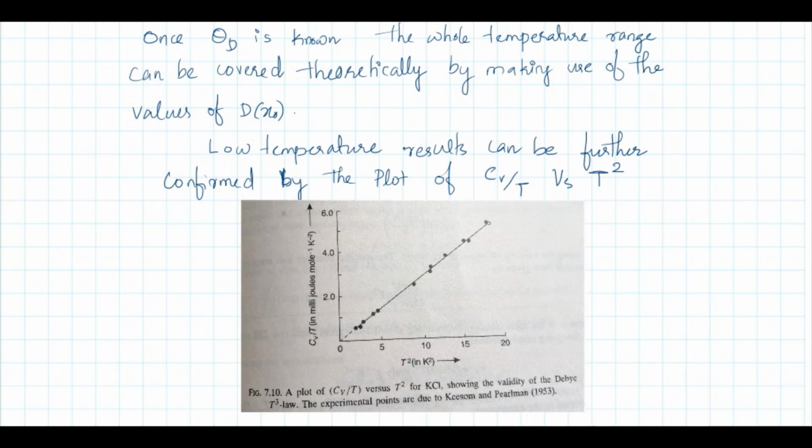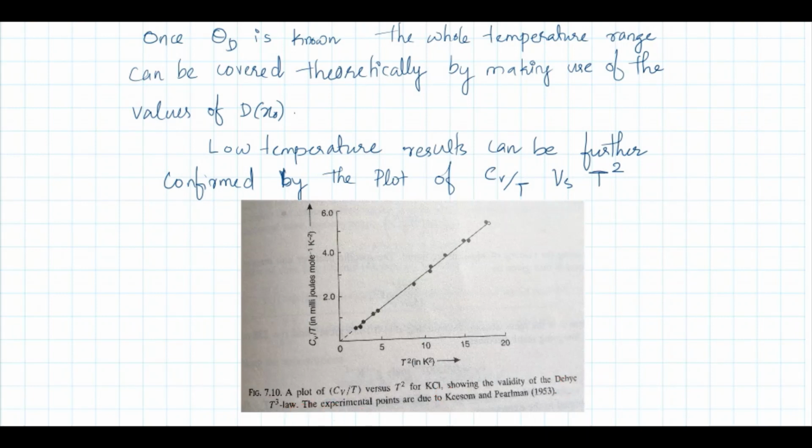Now, the low temperature results can be further confirmed by the plot of Cv by T versus T square. This is actually an experimental plot. These dots represent the experimental values. A plot of Cv by T versus T square for potassium chloride, KCl, showing the validity of Debye's T cube law.